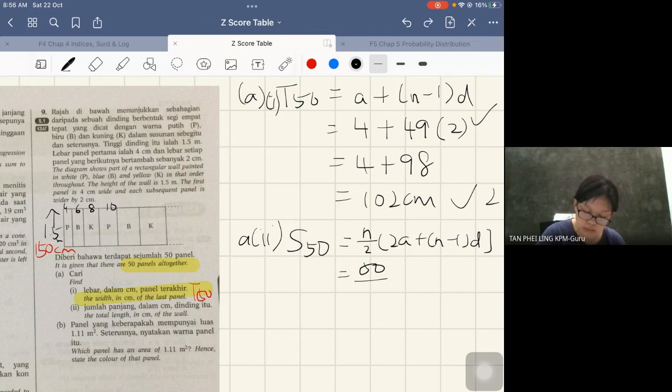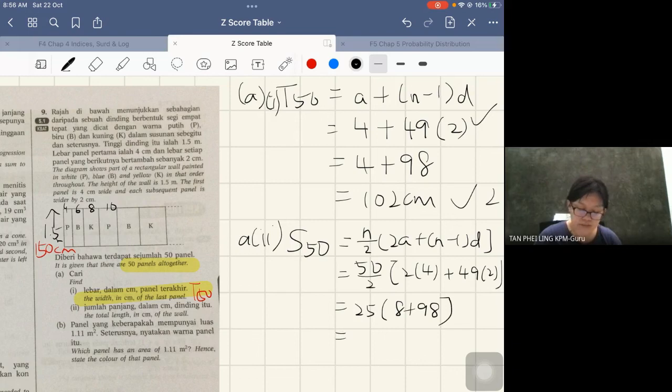50 over 2. Okay, bracket 2A. A will be our length, 4 cm, the first one, plus 49. D is 2, right? Everybody doing it together? Calculator, please. 25, right? This one will be 8 plus 98.